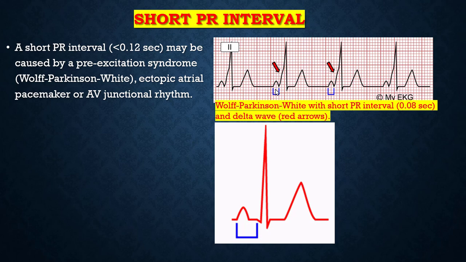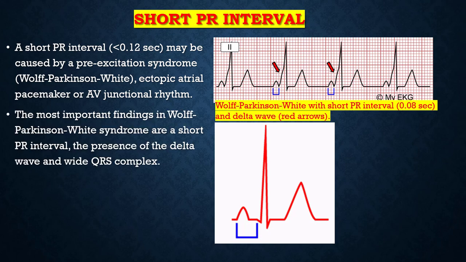This may result from Wolff-Parkinson-White syndrome or ectopic atrial pacemaker or AV junction rhythm. The most important findings in Wolff-Parkinson-White syndrome are a short PR interval. Here you can see that the PR interval is very short.